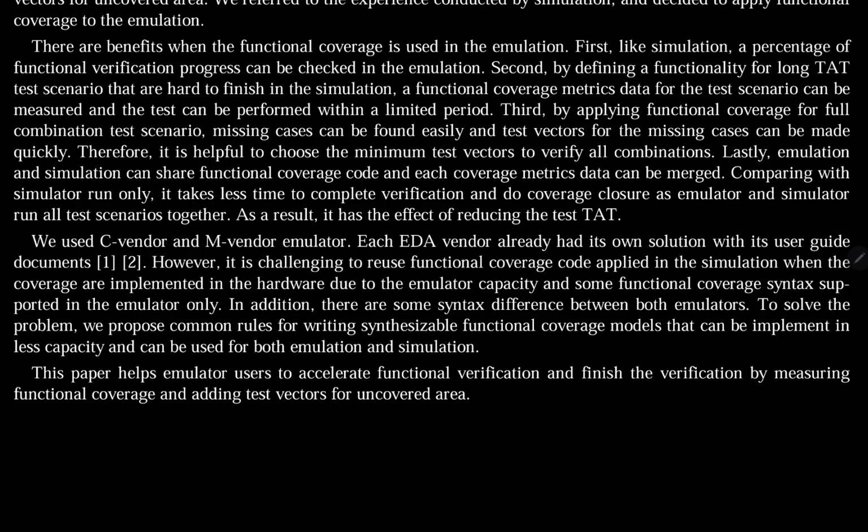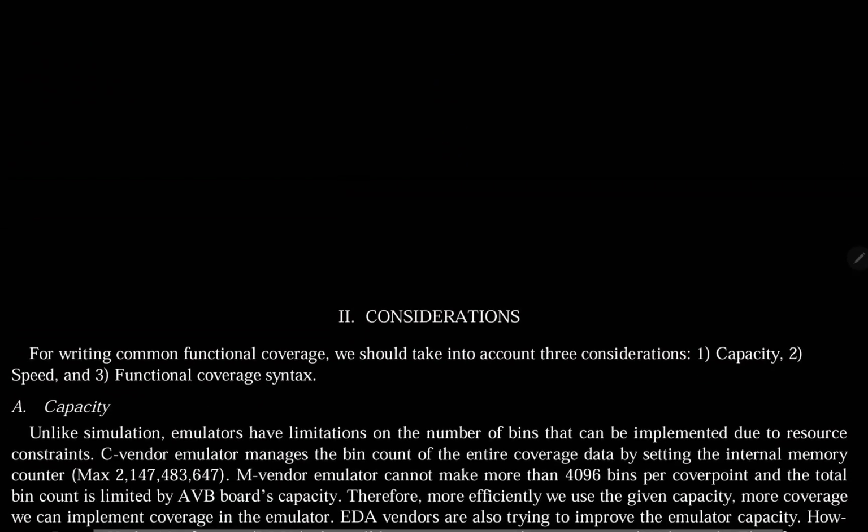To solve this problem, we propose common rules for writing synthesizable functional coverage models that can be implemented in less capacity and can be used in both simulation and emulation. This paper helps emulator users to accelerate the functional verification and finish the verification by measuring functional coverage and adding test vectors for uncovered areas.